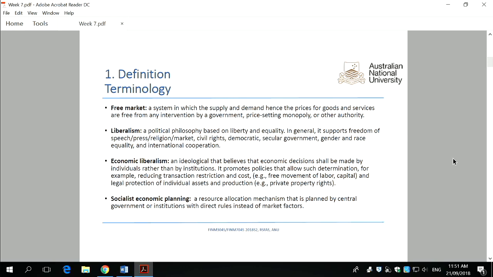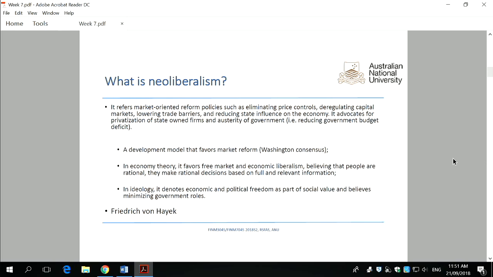Then we're going to talk about neoliberalism. Right, so far we talked about liberalism economically. What is neoliberalism? It refers to market-oriented reform. It's reform policies that have been going on almost around the world in the past 50, 70 years. And those reforms are targeted at eliminating price controls, deregulating capital markets, lowering trade barriers, and reducing state influence, etc. What you see in reality is global trade, right?